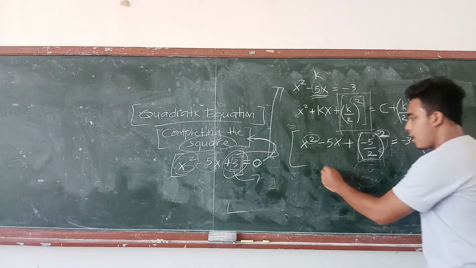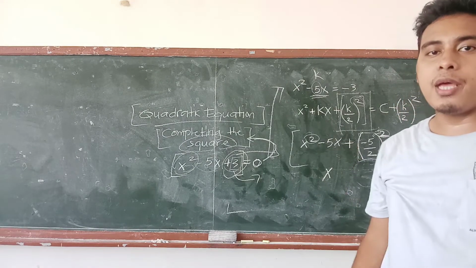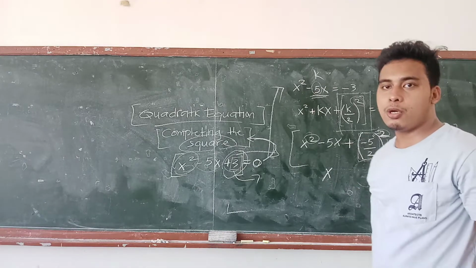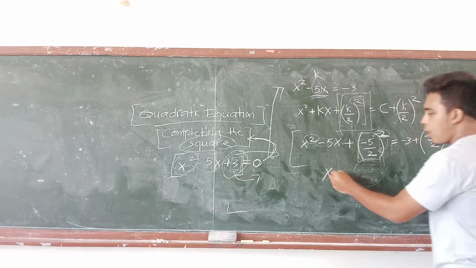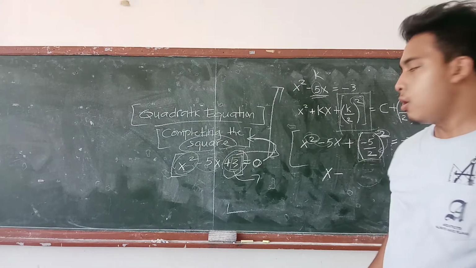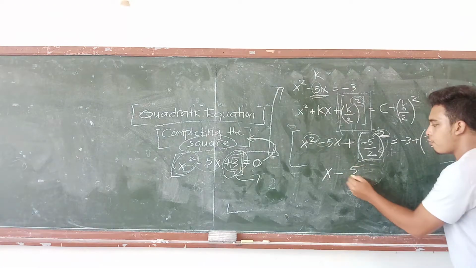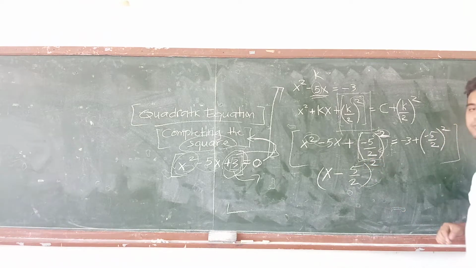So that is x. Then whatever the operation of your linear term, that would be your operation in your binomial. So since it is negative, then our operation is negative. Okay? So x minus 5 over 2 raised to the power of 2.